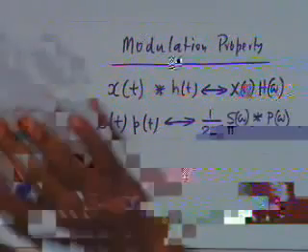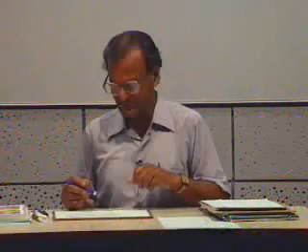It's a completely dual relationship. From the time to frequency domain, convolution goes as multiplication, and multiplication in the time domain goes as convolution in the frequency domain. This is also extremely easy to prove. I shall only outline the proof.